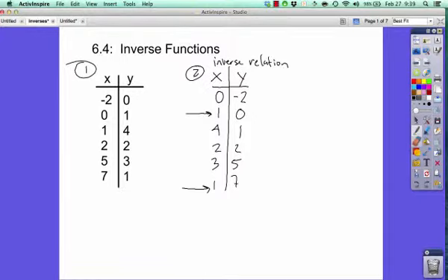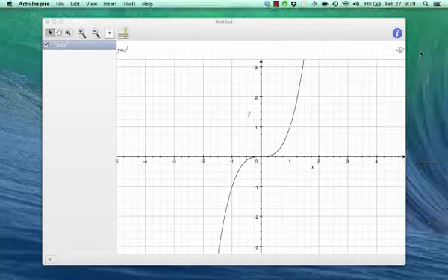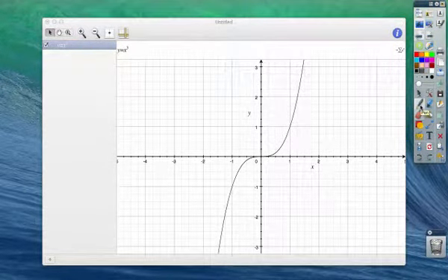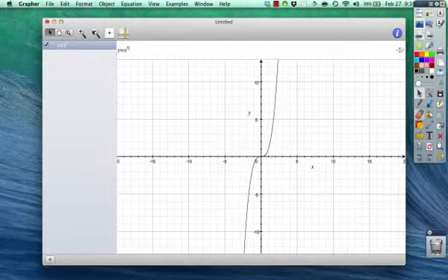So I'm going to go ahead and pull up x cubed. Okay. Let's look at an example. Let's see here. It's not going to be a very good one to switch. We're going to zoom out just a touch.